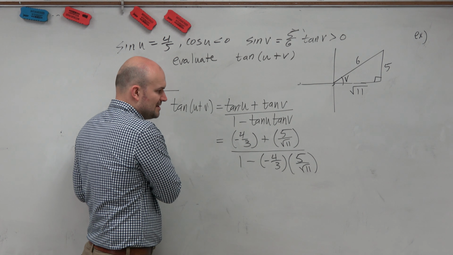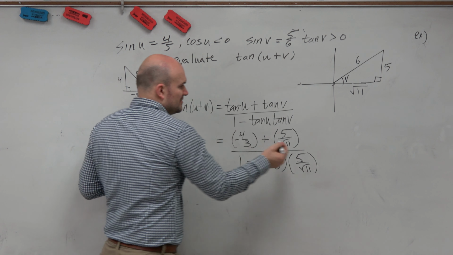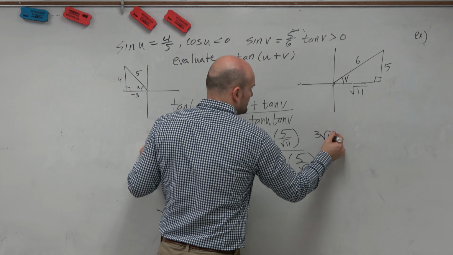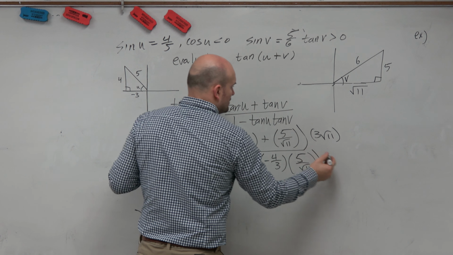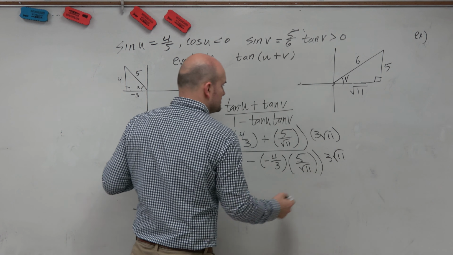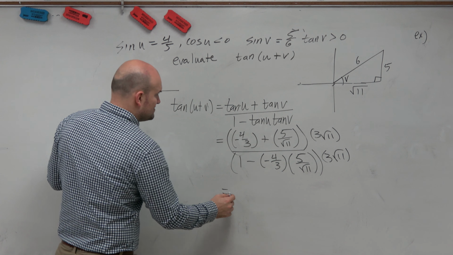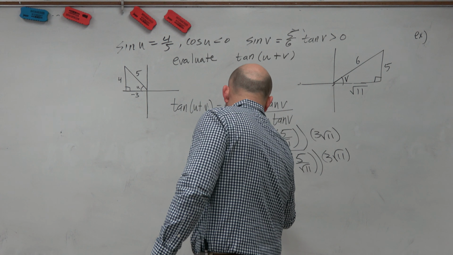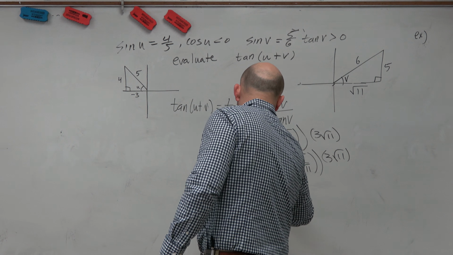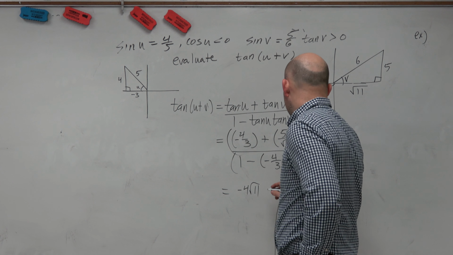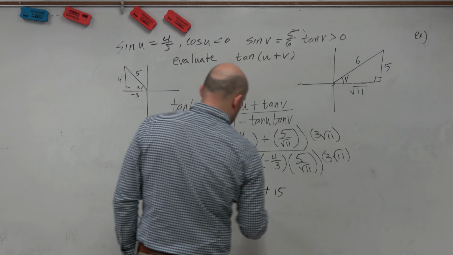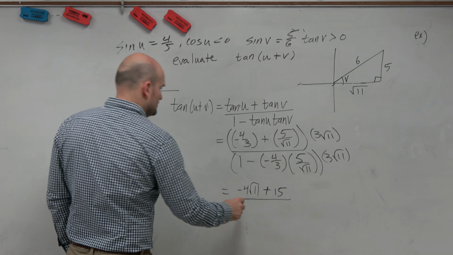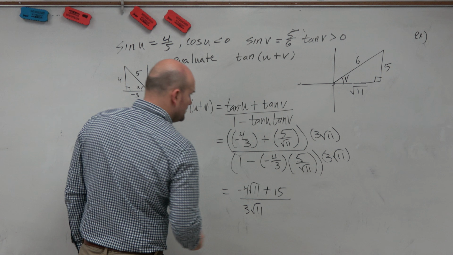So what's the common denominator here? 3 times root 11. So let's go and multiply everything times that. And when we do that, we get a negative 4 root 11, and this would be plus 15, all over 3 root 11.